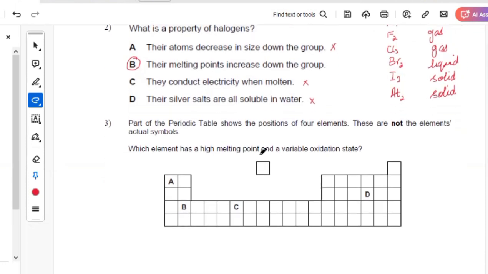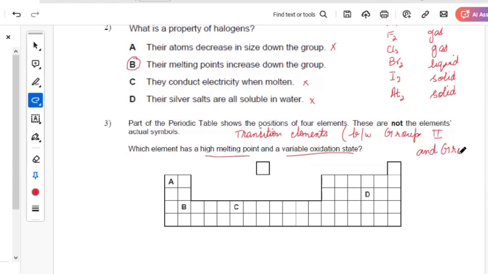Part of the periodic table shows the position of four elements. They are not the elements' actual symbols. Which element has a high melting point and variable oxidation state? You can see that these are the characteristics of transition elements, and we have read that transition elements exist between group 2 and group 3.